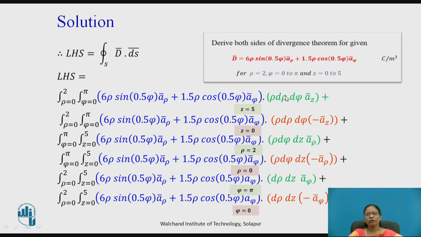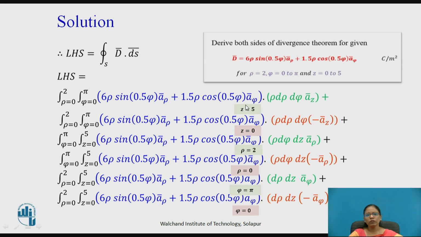When I am taking the surface rho d phi az bar, as you can see here is the variation of rho and variation of phi. So the integration will be with respect to rho and with respect to phi. The limits I have taken from the question. In the question, rho is given as 2, so the limits are 0 to 2. In the question, phi is given as 0 to pi, so phi is 0 to pi.